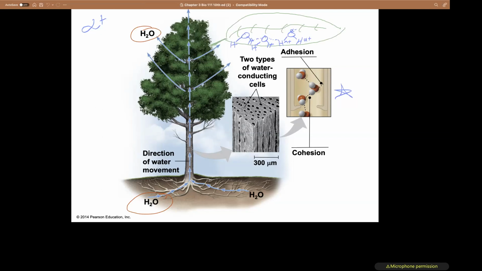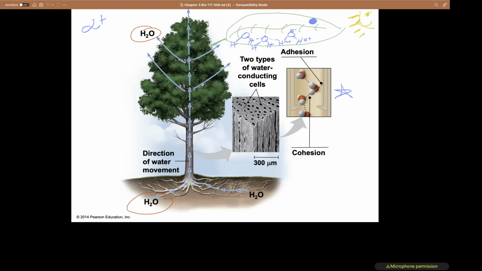And so what happens, I'm just going to go ahead and draw water like this on the surface of the leaf. Whenever you have sun, there's the sun. I'll draw a little happy face for him. The sun is going to help with evaporation, and then you're going to have wind.